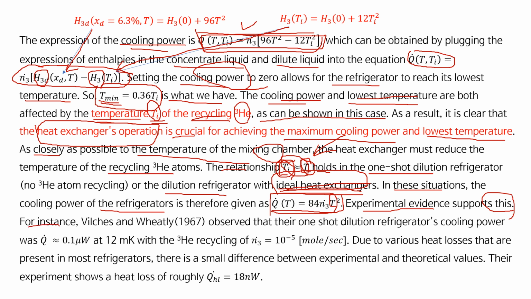For instance, Vilches and Whitley in 1967 observed that their one-shot ballast refrigerator's cooling power was this value at 12 millikelvin with helium-3 recycling of 10 to the minus 5 mole per second. So 12 millikelvin is the temperature of the mixing chamber. So for this recycling rate, we can have this cooling power.